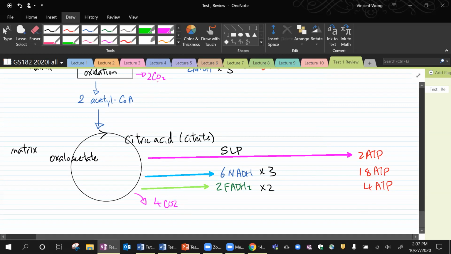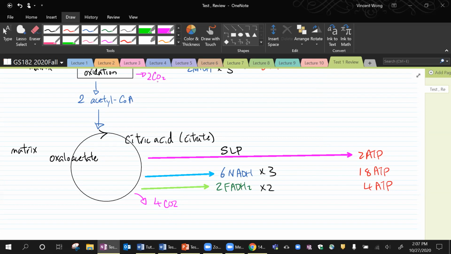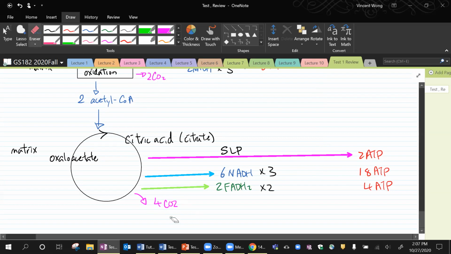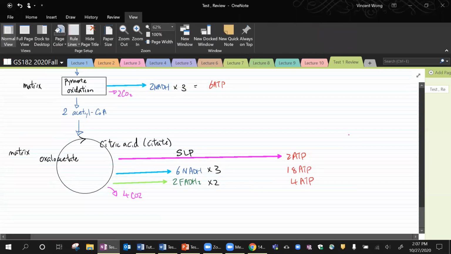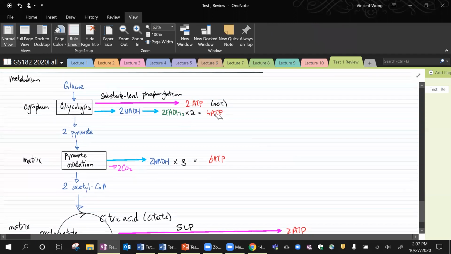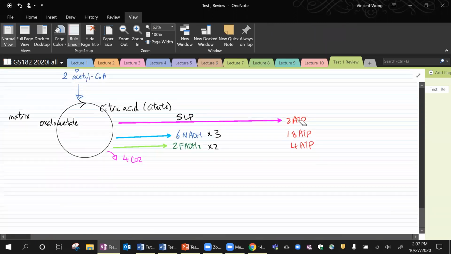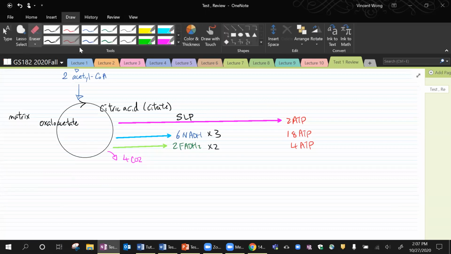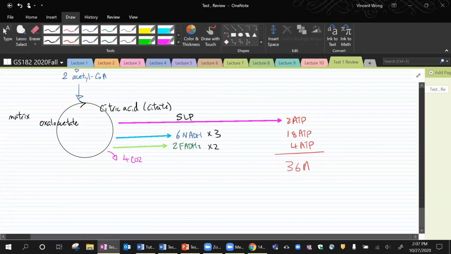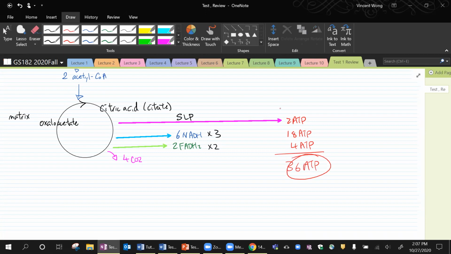So together 4 plus 2 gives you the 6 CO2, right? And we have 6 carbon in the glucose, and that's how it becomes carbon dioxide, basically. Okay. And so if you add up all these numbers, 2 plus 4 plus 6, if you add them all up, the total is going to be 36 ATP.